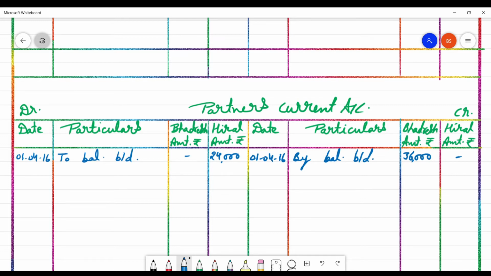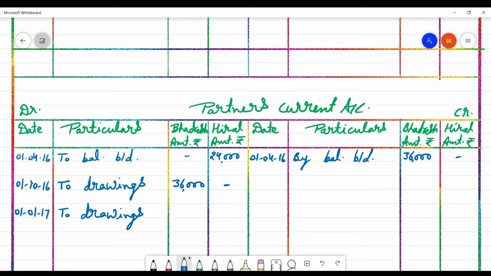We have to write drawings on given date 1/10/2016 to drawings. Bhadresh has made 36,000 drawings and on 1/1/17 Hiral has made 48,000 drawings.